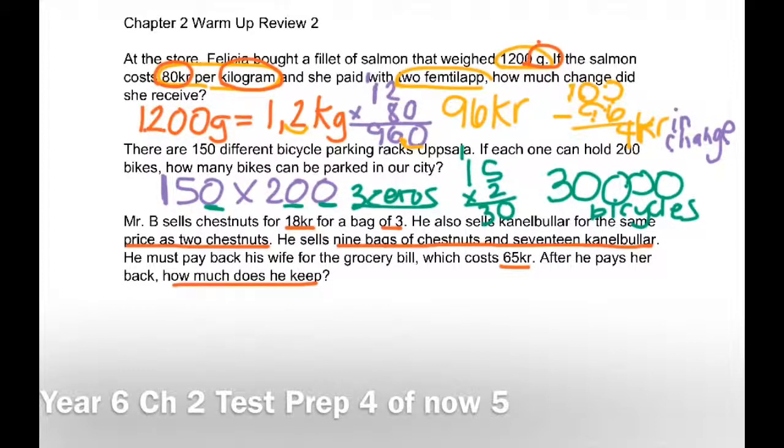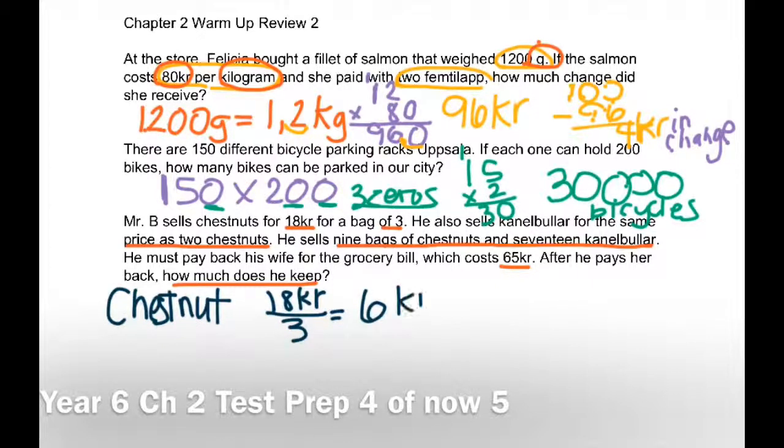So let's figure out the cost of 1 chestnut. If they are 18 kroner for 3 of them, that means that each one must cost 6 kroner. And we have kanelbullar, and it's the same as 2 of them.